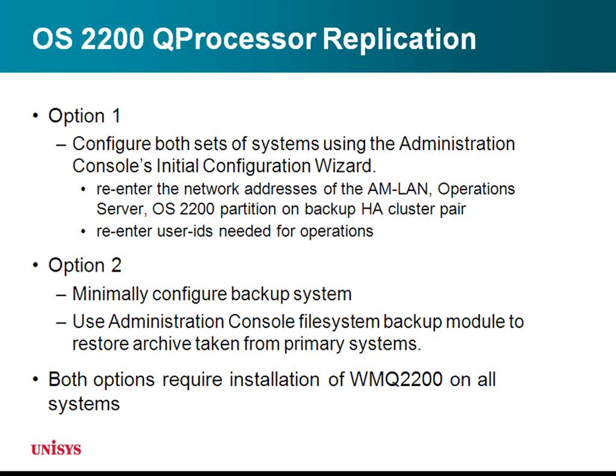This option shortcuts a lot of the steps and ensures that your data is entered identically. Either option, you will be required to install WMQ 2200 on all OS 2200 QProcessors.